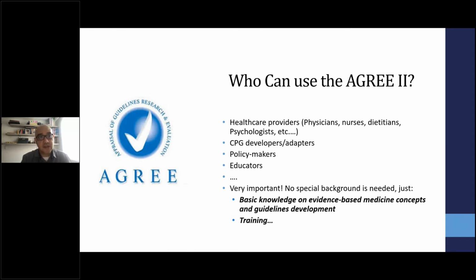Of course, training is key. For those people who are not very familiar with the tool, any kind of training from people who have some expertise or are more trained in the tool would be useful. Regardless of this, the tool and the manual to apply the tool, not only the AGREE tool, but also the other tools that I'm going to mention today, have very detailed explanations on how to score, where to look for specific concepts in a specific guideline, and how to make decisions about how to score.